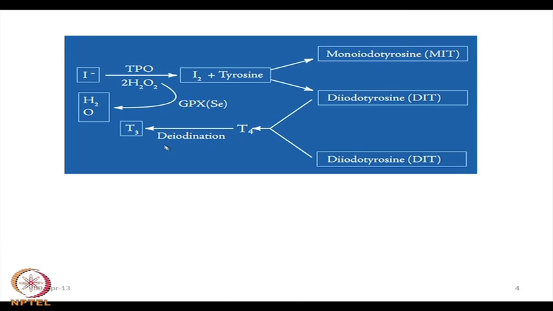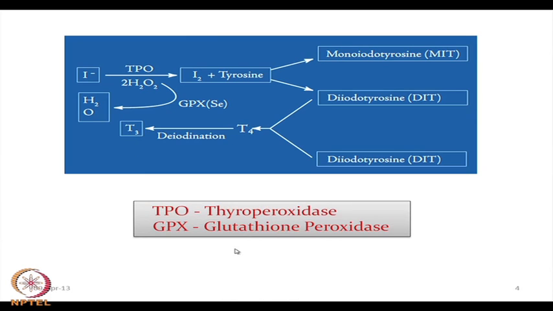A selenium containing enzyme, deiodinase, operates on T4 to give rise to the required amount of T3 molecules. So, we are basically handling some of these molecules where we are talking in terms of two peroxidases, apart from the iron bearing peroxidases also, in studies on iodine in biology.